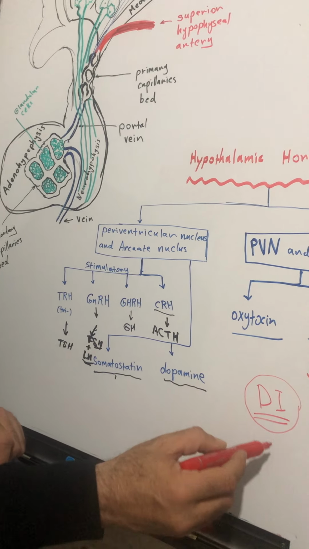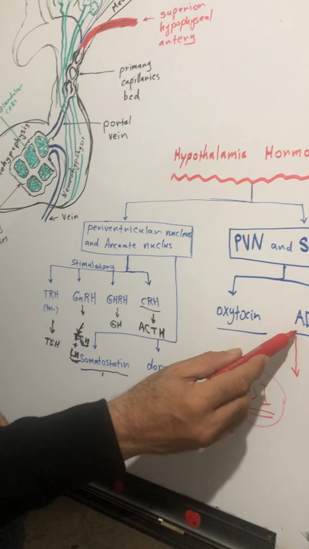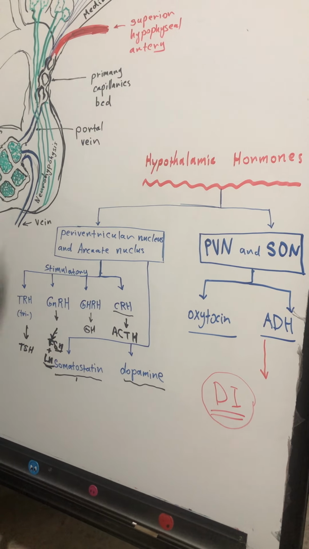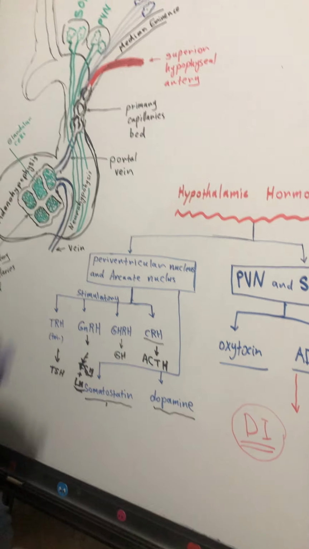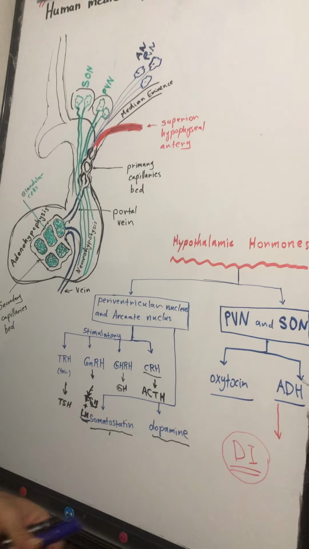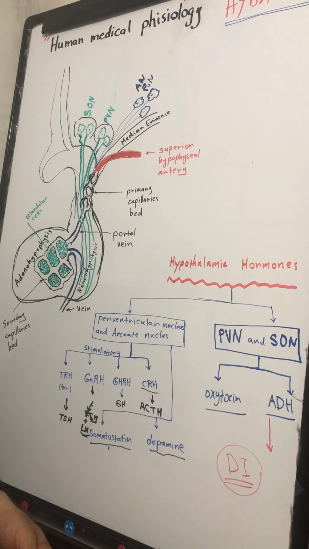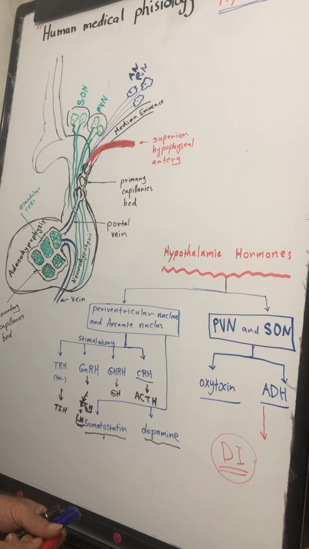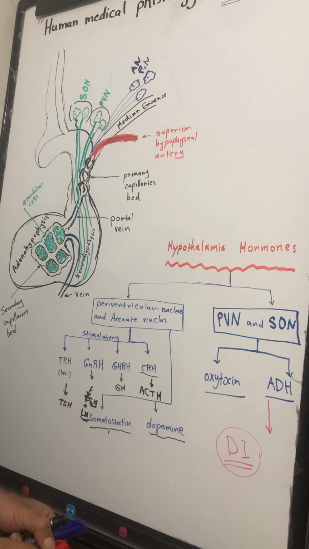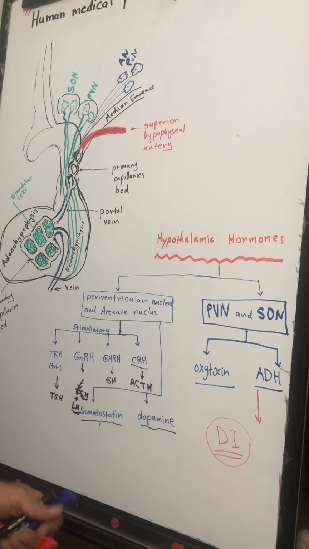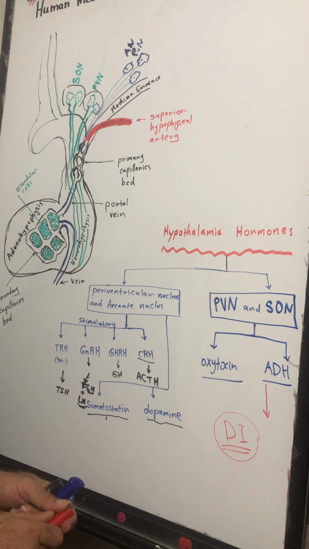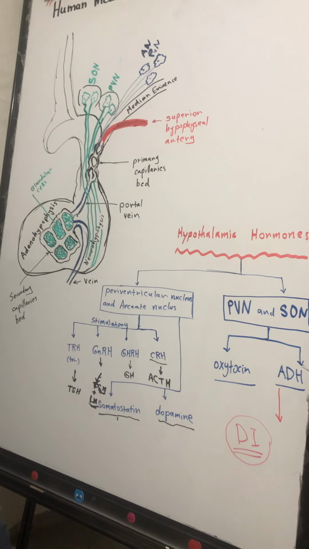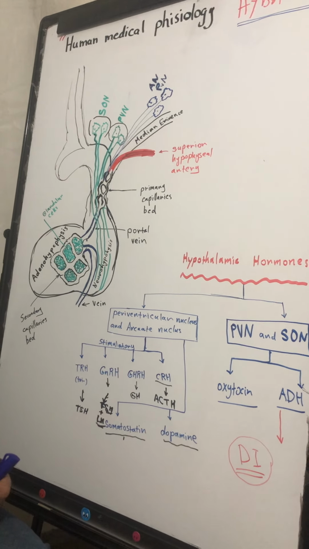Diabetes insipidus is due either to lack or decrease of antidiuretic hormone due to lesion in the neurons that release it, or due to decreased sensitivity of the V2 receptors in the collecting tubules and collecting ducts. In such case, it will be called nephrogenic diabetes insipidus. So, we have two forms of diabetes insipidus.